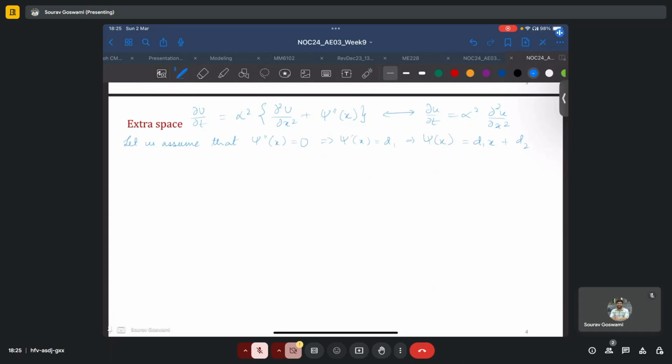Now let us apply the boundary condition again, which was u at 0 comma t is 80, which implies that capital U at 0 comma t plus psi at 0 is 80. Now again, if we recollect the way we were solving some typical PDEs, with the RHS 0, so we are already familiar.